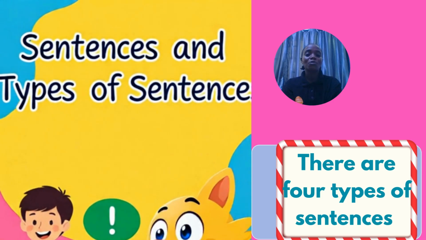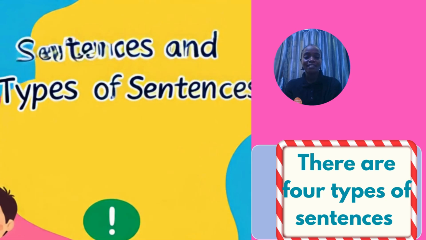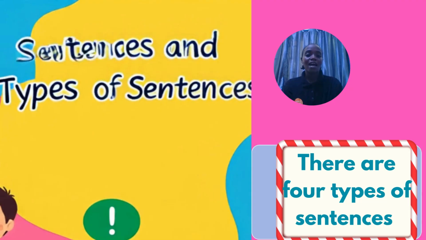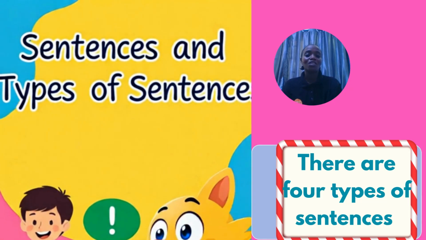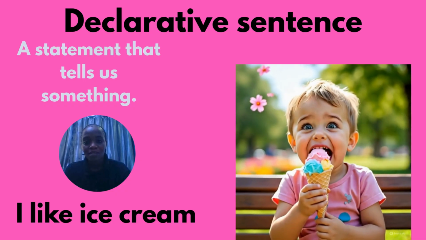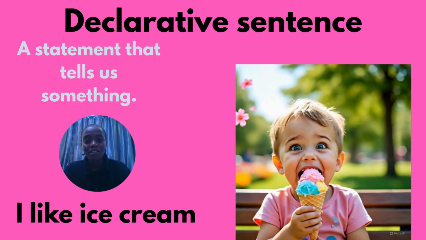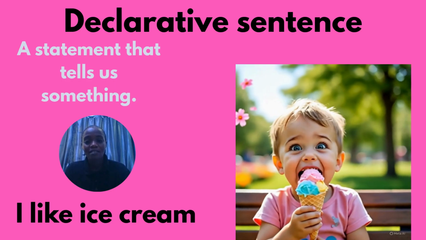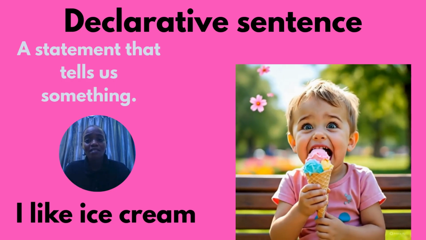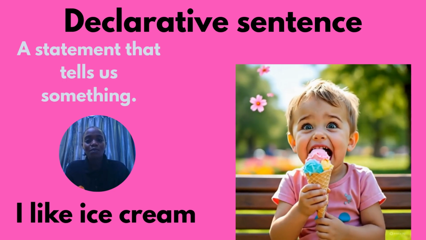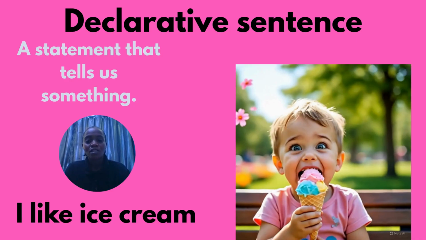Before we can observe some examples of sentences, let's quickly look at the types of sentences. In this lesson, we'll be talking about four types of sentences. Number one, we'll be talking about declarative sentence. A declarative sentence is a statement that tells us something.